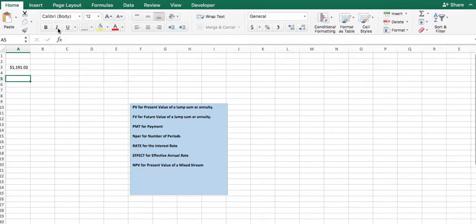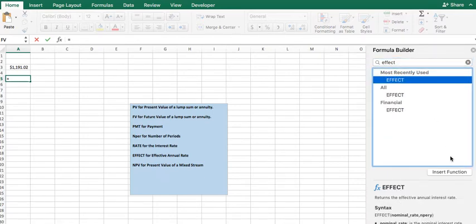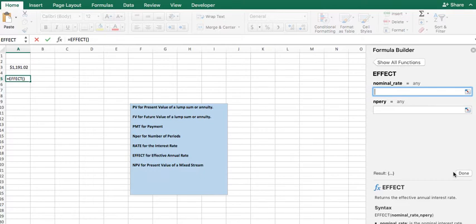We can use the EFFECT function and very quickly determine what the effective annual rate is.